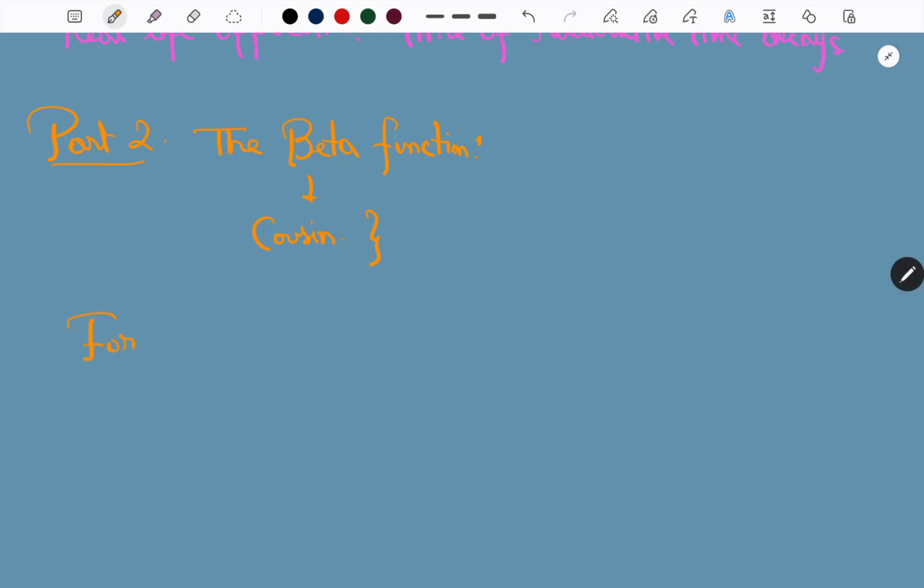So basically we'll write out the formula for the beta function first. The formula for the beta function looks like: B of x, y is equal to the integral from 0 to 1 of t to the power x minus 1, times 1 minus t to the power y minus 1, dt.